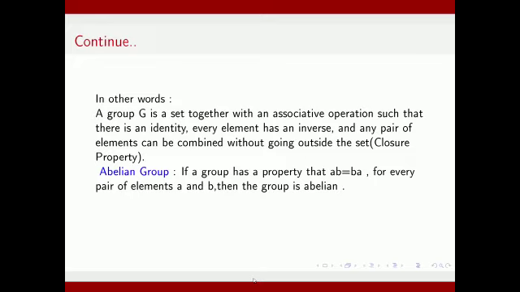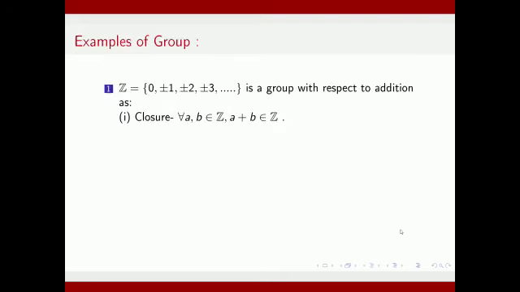If a group has the property that AB is equal to BA for every pair of elements A and B, then the group is abelian. If this property is not satisfied, meaning AB is not equal to BA, then the group is non-abelian.